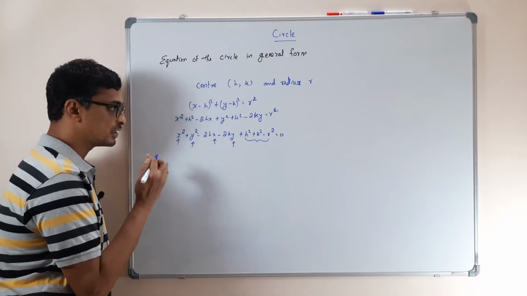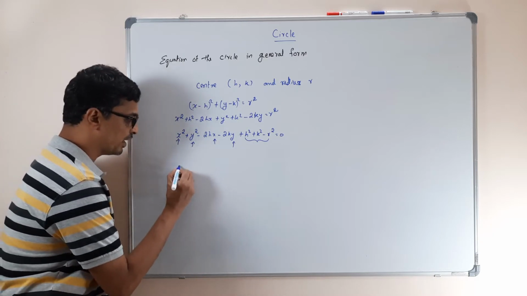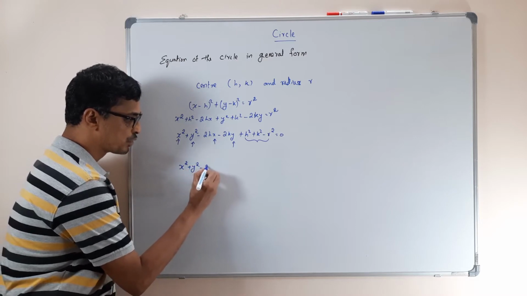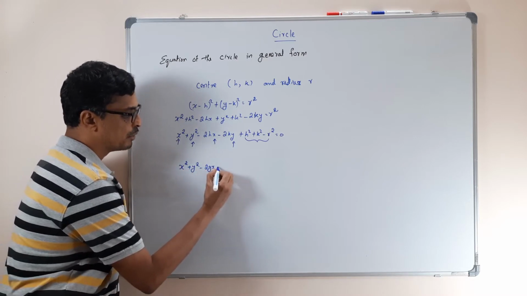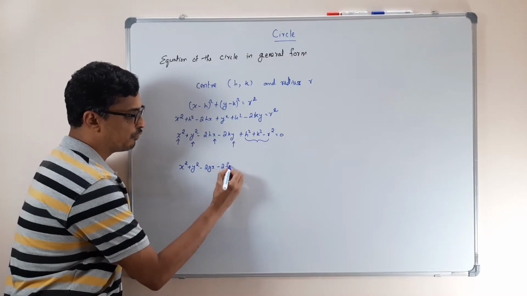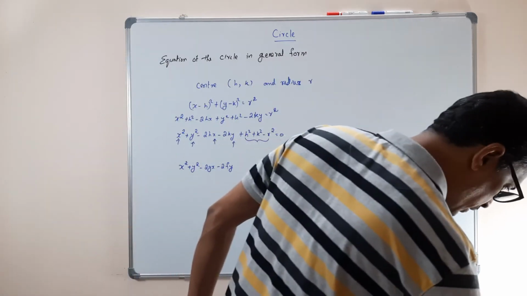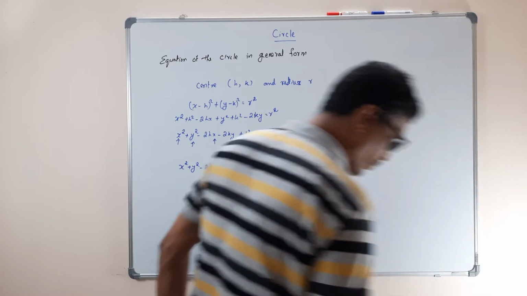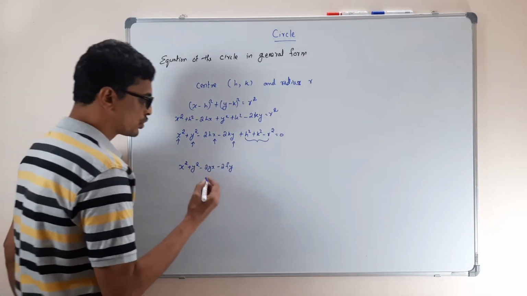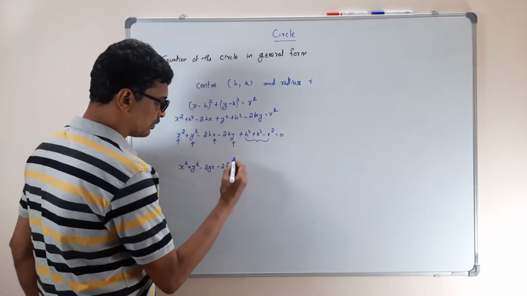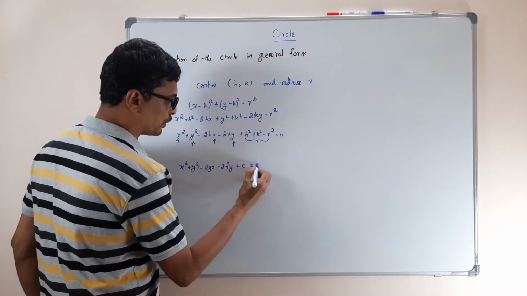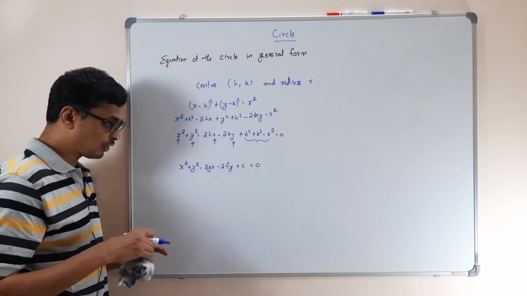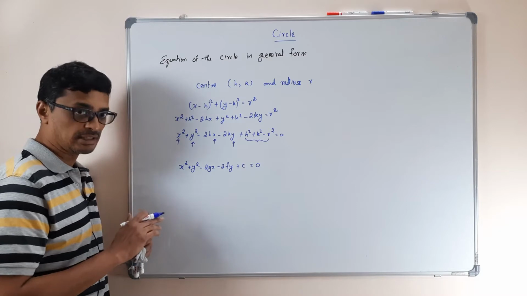The equation of a circle in general form should be x square plus y square minus 2gx minus 2fy plus c is equal to 0. If you compare these two, this is what you call the equation of a circle in general form.